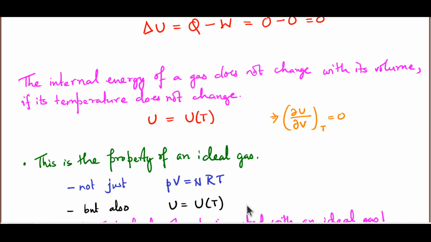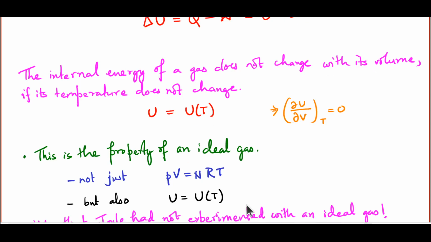The other result that you need in thermodynamics to define an ideal gas is U is a function of T alone. Which particular function of T? Thermodynamics really is silent about that. In order to figure out which particular function this is, you have to go in for something more fundamental or something more microscopic. But we are not going to go into that, at least not right now.